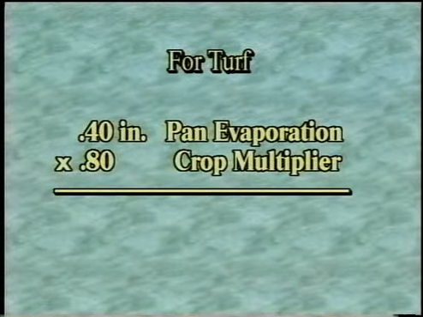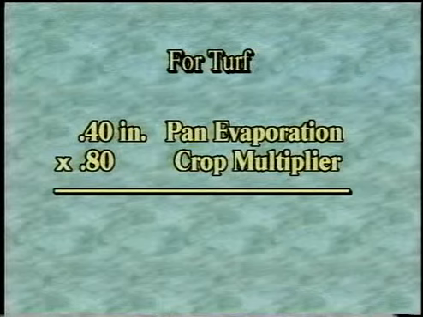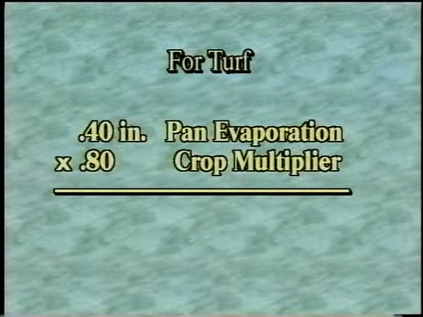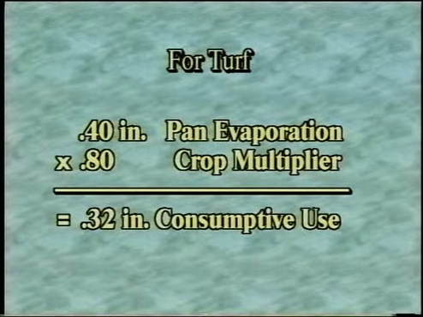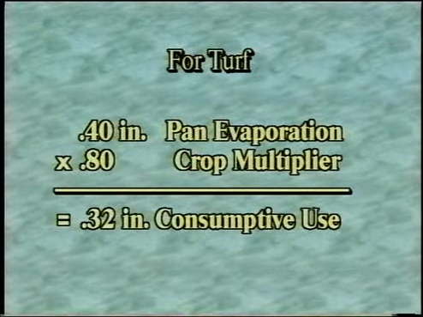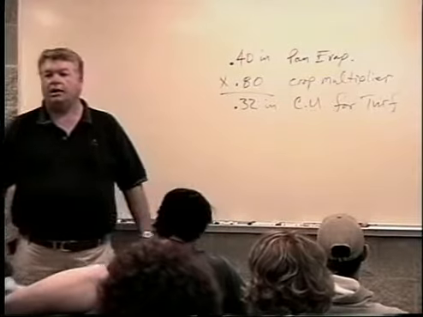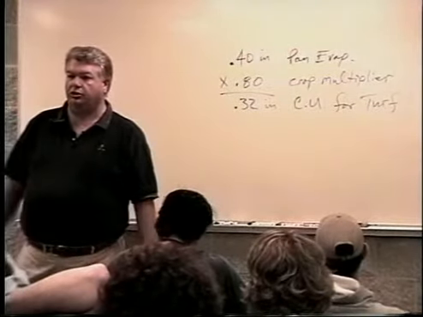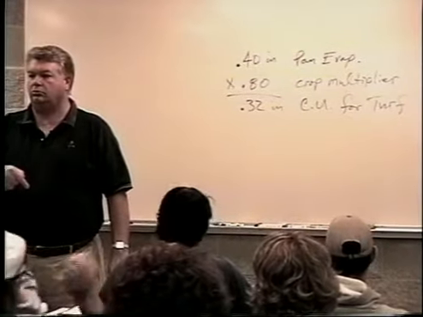And I got my crop multiplier from the Washington Irrigation Guide for this valley, and that would then give me, if I can multiply, and that was for turf. For that given day, I really used 32/100ths of an inch. Now all I do is go in and adjust my sprinkler system to reapply 32/100ths of an inch of water.